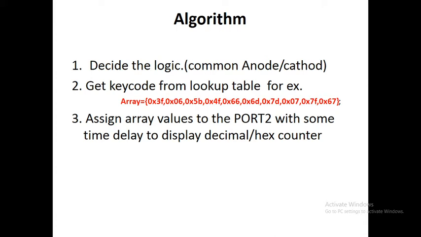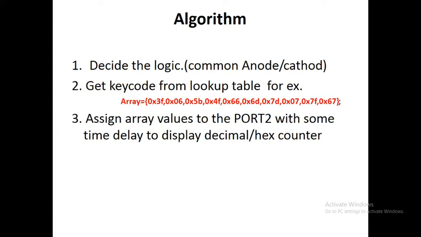Now we will discuss the same problem statement with assembly language. For the algorithm, first decide which logic you want to use, either common anode or common cathode. In my case I am using common cathode. Next I generate the lookup table as per which counter I want to generate, either hex counter or BCD counter.